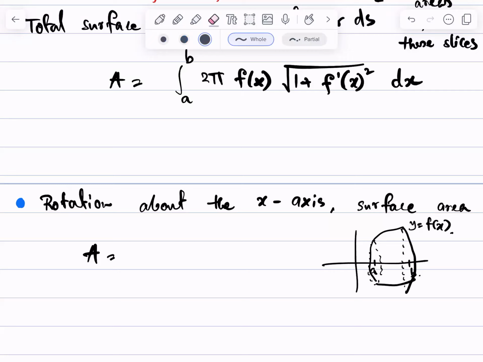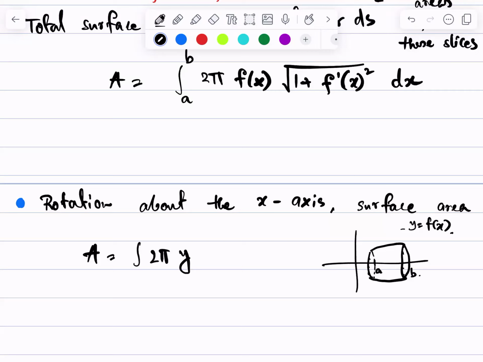I'll try to draw it better. Something like that. And the formula for that we have already derived, 2 pi y ds. So here it will be 2 pi.